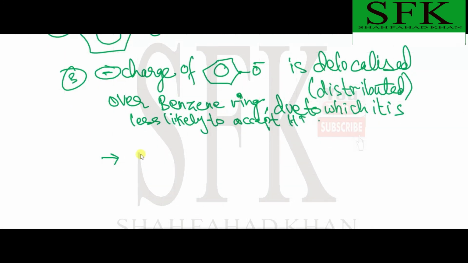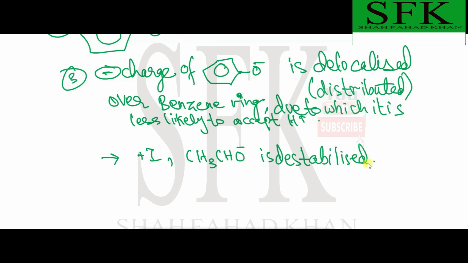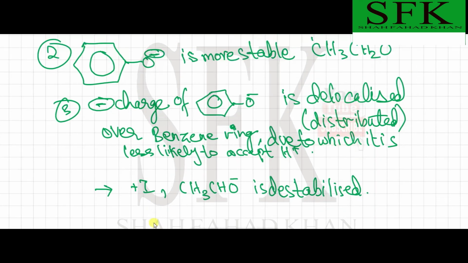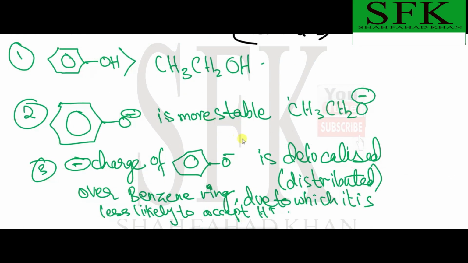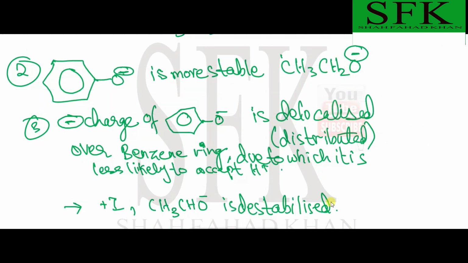Due to the positive inductive effect, the ethoxide ion is destabilized. This is your additional valid point that you may include in your answer. I would suggest that you must include it in your answer to be on the safe side.